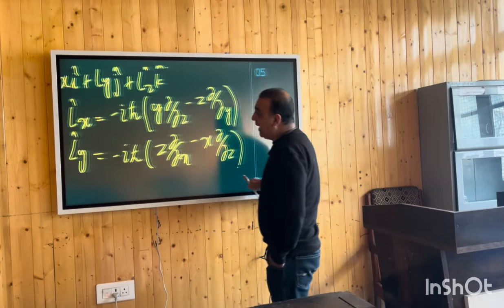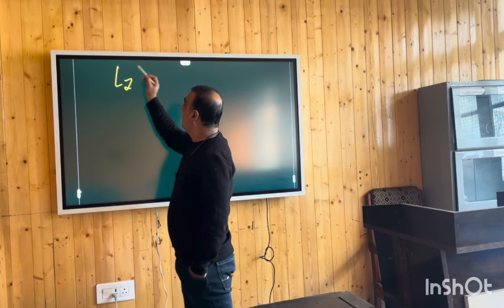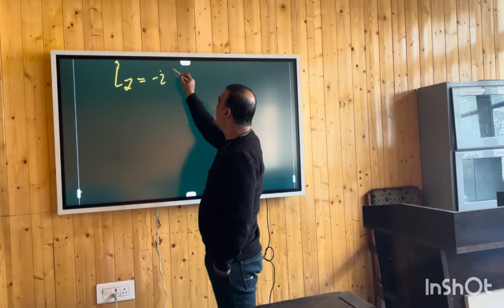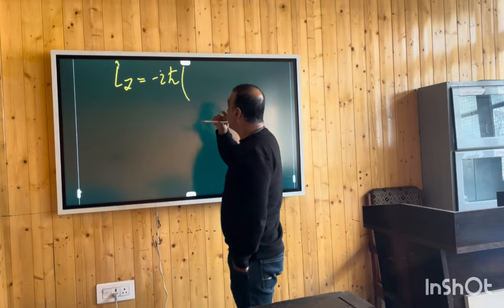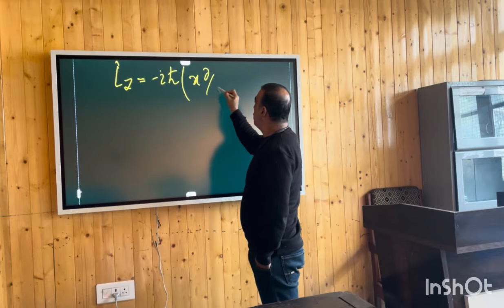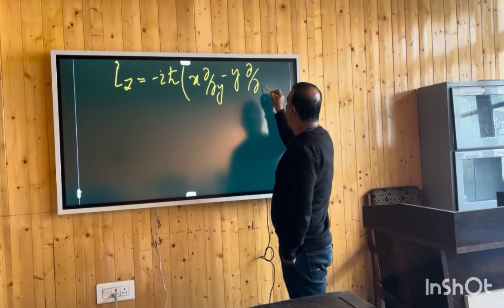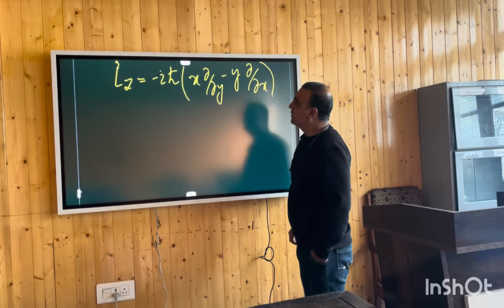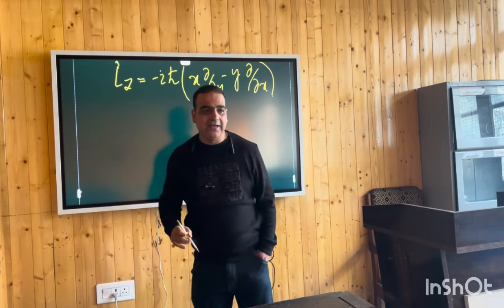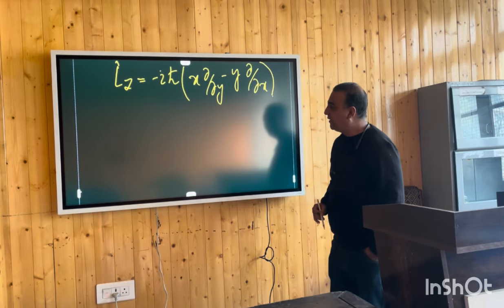And finally, we will have the angular momentum operator Lz, and this will be minus i h bar (x dou by dou y minus y dou by dou x). So now we have these angular momentum operators for all the three coordinates.